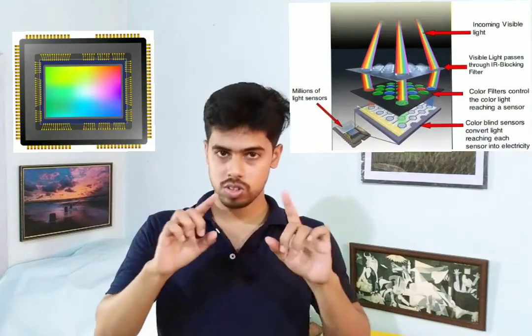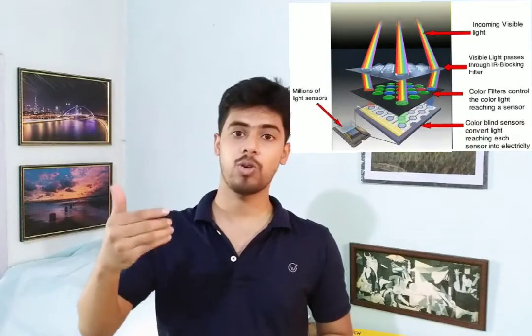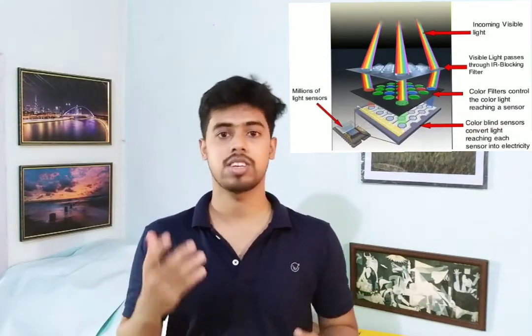Just imagine how small a pixel is, because a typical Nikon DX format camera has a sensor with dimensions 23.5 by 15.6 millimeter square, if I am not wrong, and the diagonal is about 28 point something, probably 28.21. So just imagine how small that particular sensor area is. Still there are 24 megapixels, so that is very intricate as well as interesting.